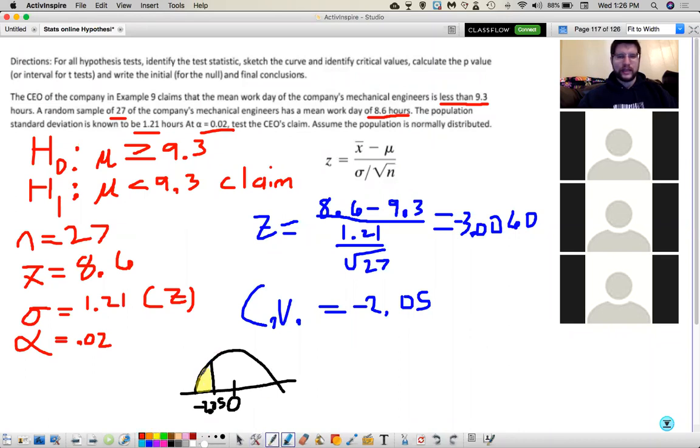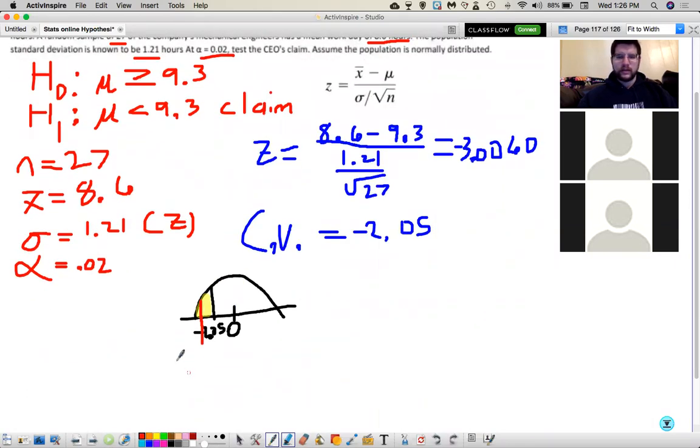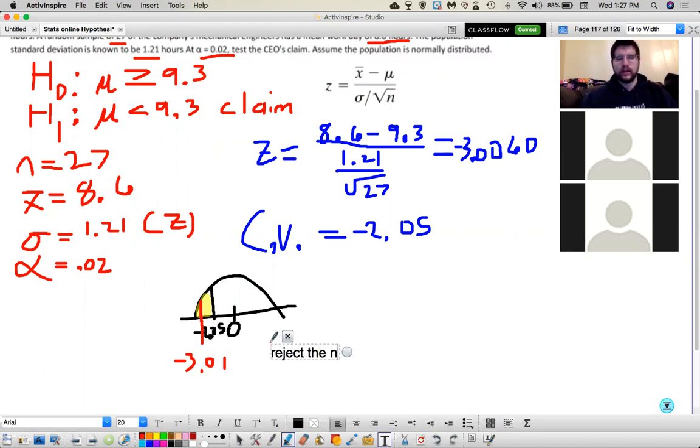My test statistic is in that critical region, right there, negative 3.01. I'll round it to 2 decimals. Since the test statistic is in the critical region, we reject the null.